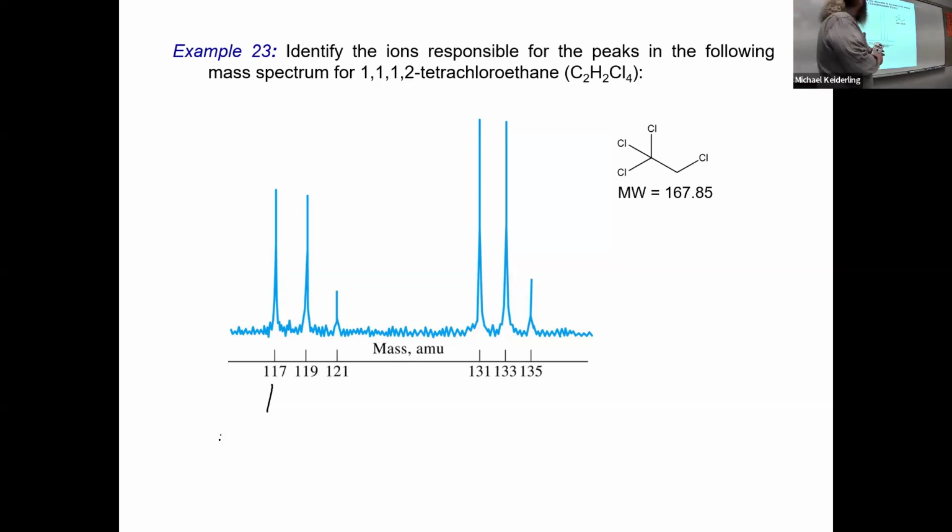Looking at the structure, this bit here could easily be a unit, and that's 3 chlorines on a carbon. So 35 times 3 plus 12 gives you 117. So this is equal to Cl3 plus 12.